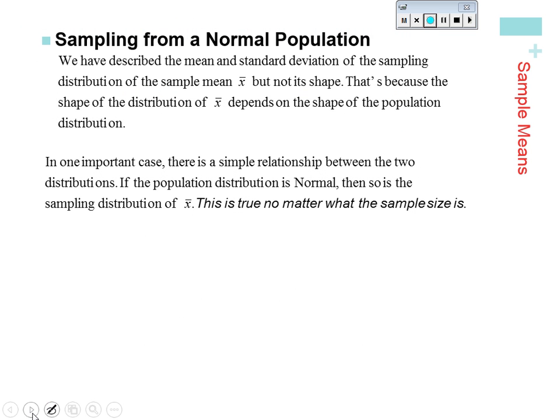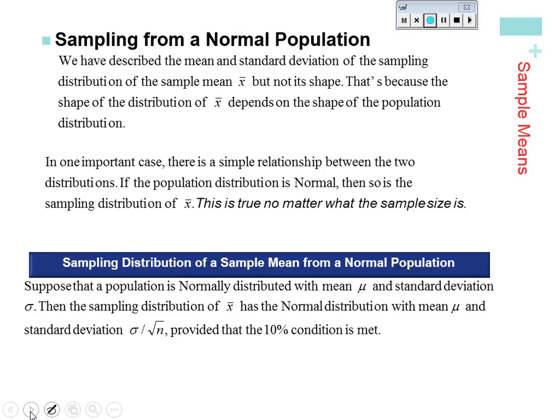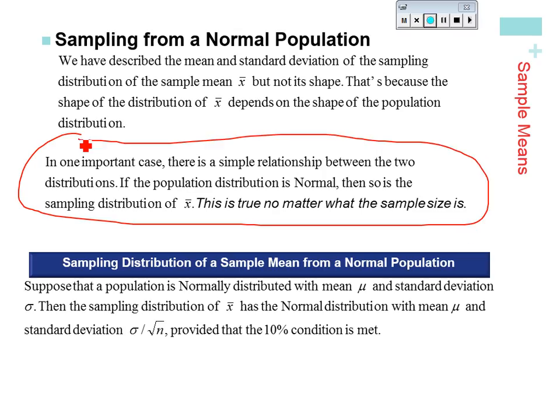So now some different things involving the normal condition with sampling distributions. This is a very important piece of information in regards to shape. If the population distribution is normal, then so is the sampling distribution. Regardless of the sample size, if you know that your population distribution is normal, then you can assume that the sampling distribution is normal too.